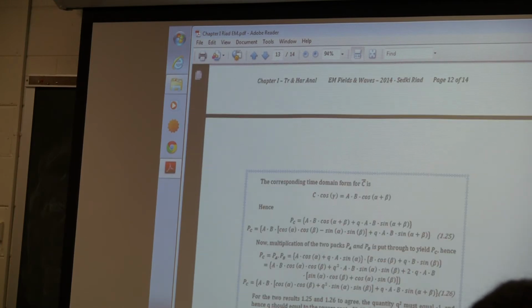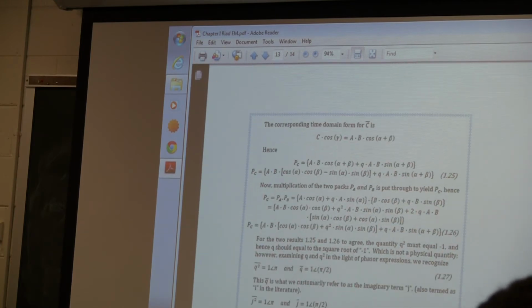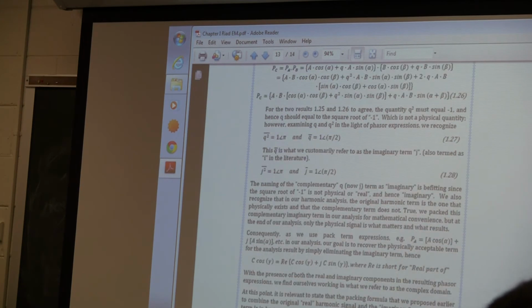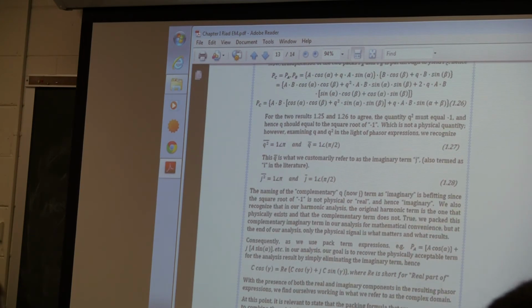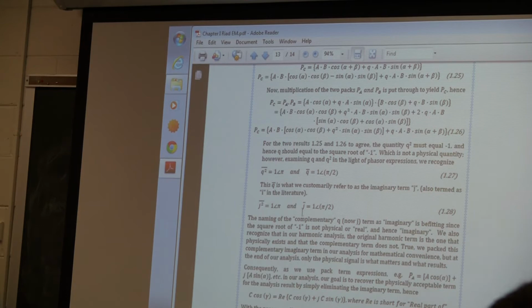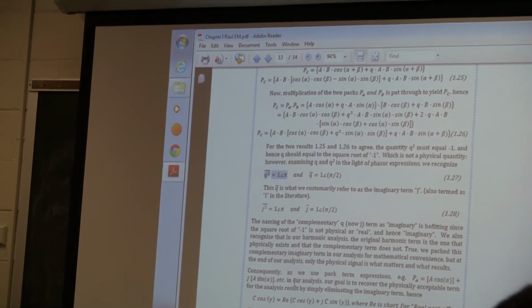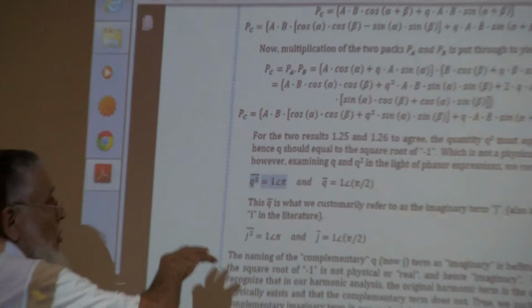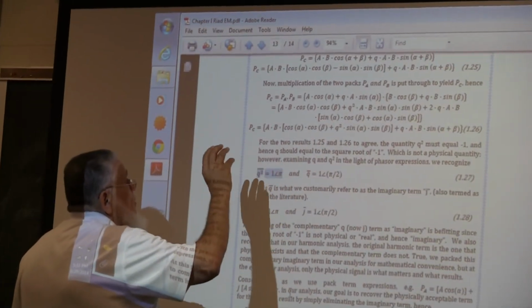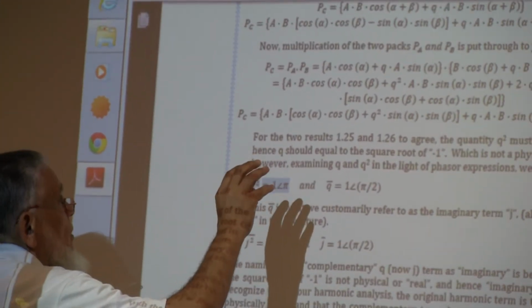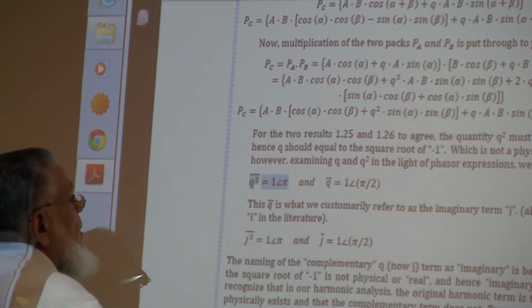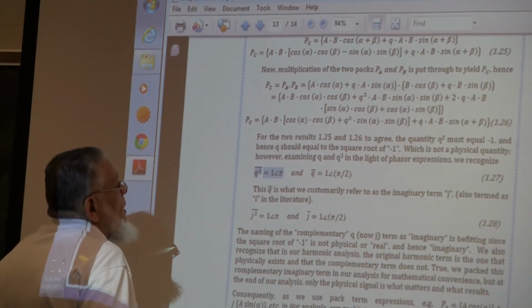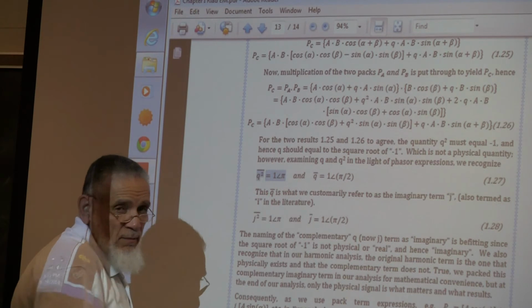So I check the scaling, I check the addition, I check the multiplication, and I discover at the end that q squared should be 1 at angle pi, or minus 1. The only way this will work out, the only combining coefficient, is q squared equal to minus 1, or q is j.